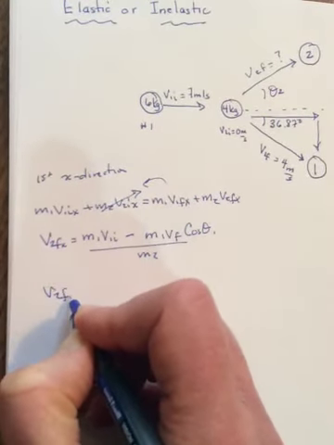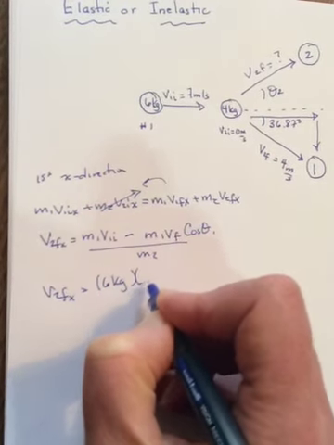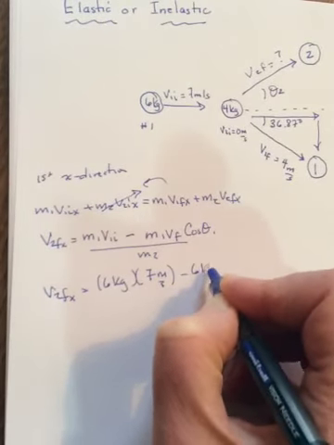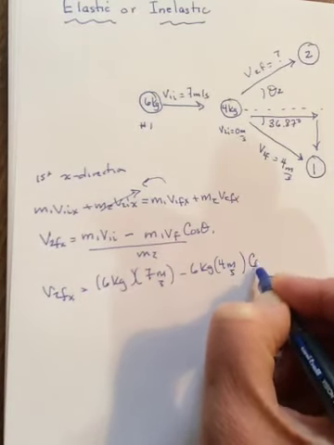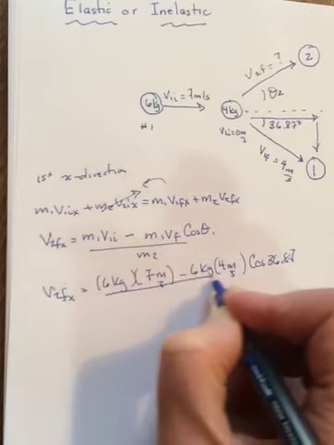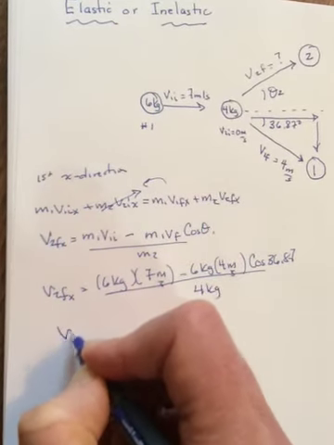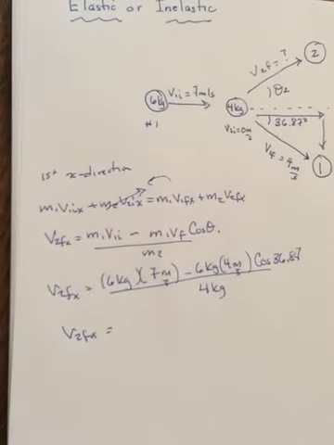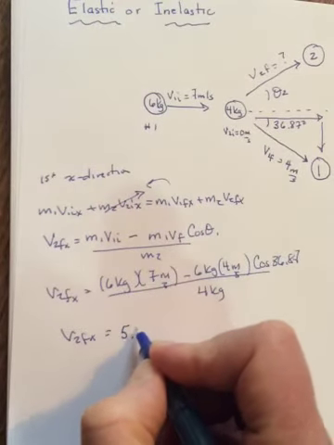So v2fx will equal m1 was 6 kilograms, v1 7 meters per second, minus 6 kilograms, 4 meters per second, cos of 36.87, and then I divide by 4 kilograms. And so I get v2fx to be 5.7 meters per second.